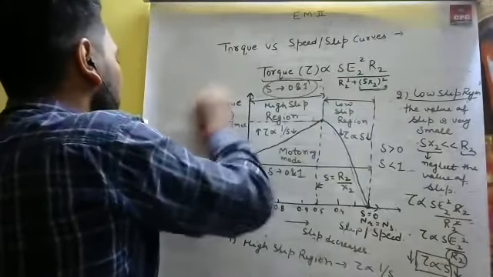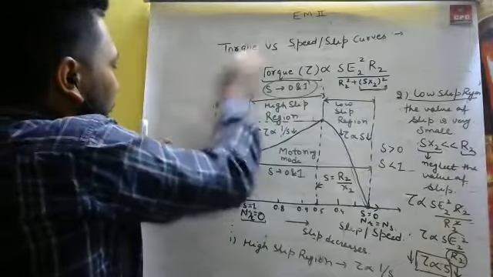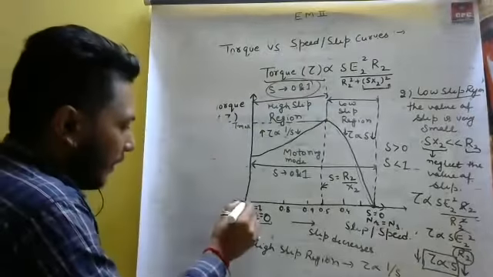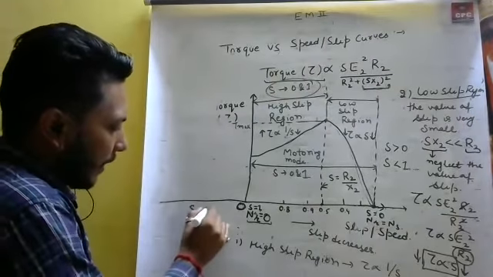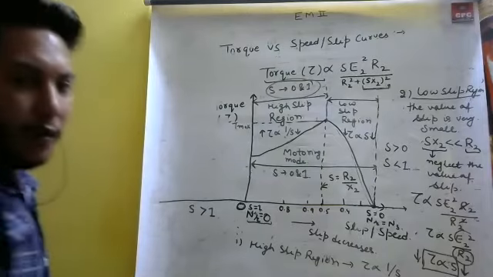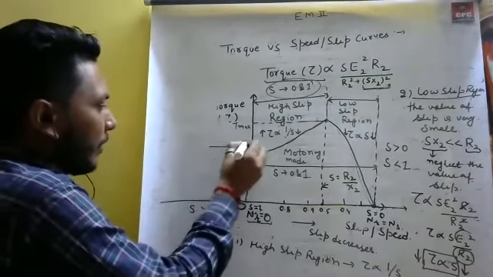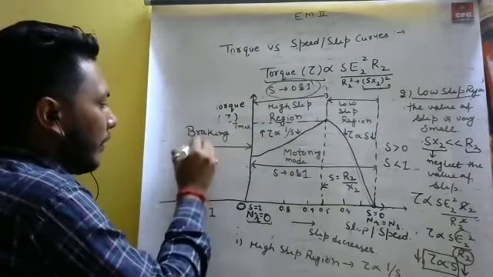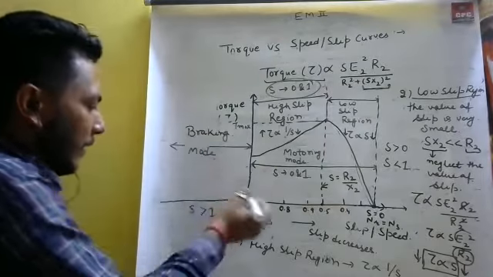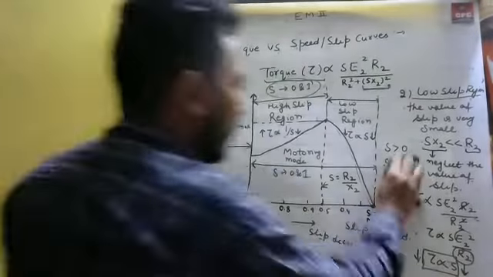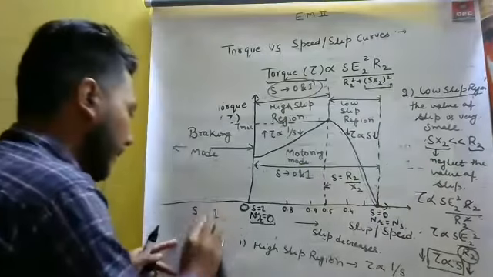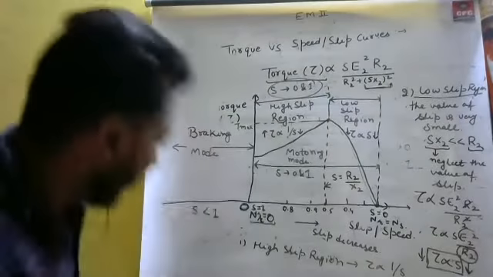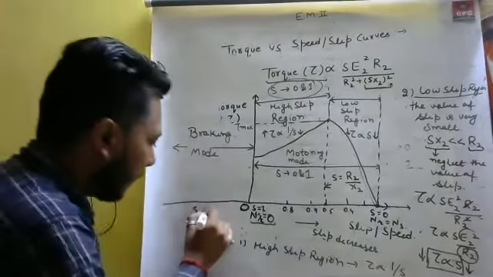In braking mode, we can forward or reverse the direction of the motor, and the motor behaves as a brake. So if the value of slip is greater than 1, this is known as your braking mode.